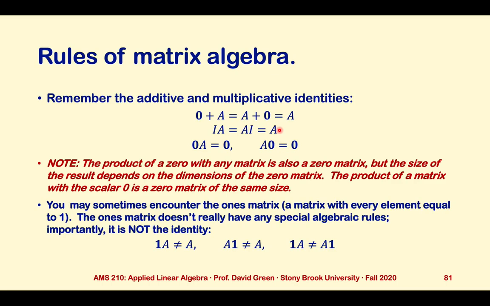This can go in both directions. We can add in an addition of a zero anytime we want. We can add in a multiplication by the identity anytime we want. We can also remove zeros and remove identities to simplify expressions as needs be. Also, 0 times a matrix is 0. Again, however, it's very important to remember that this 0 and this 0 might not be of the same size.